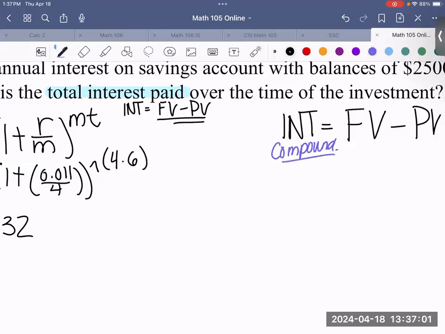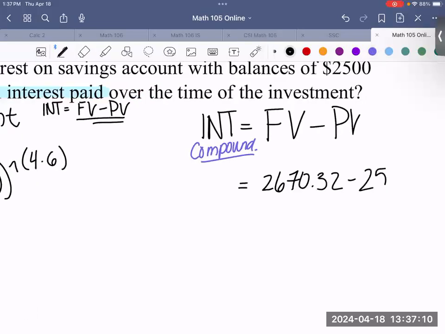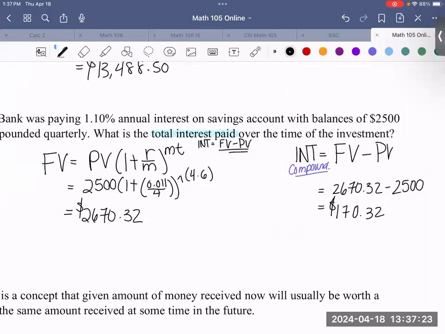So we have our answer minus what we started with. We can just pop that into your calculator fairly quickly. So I'm not too worried about that.